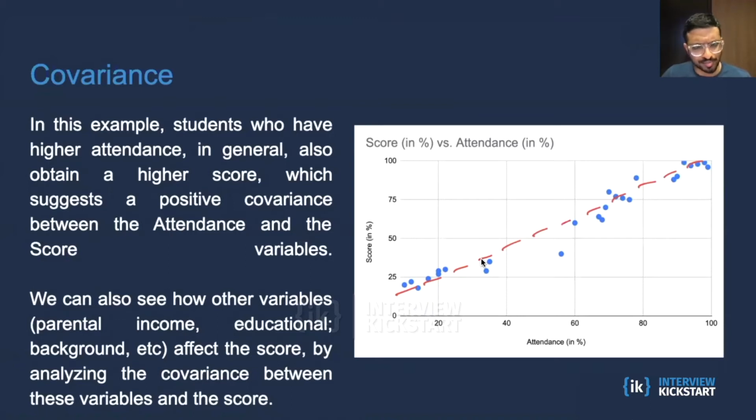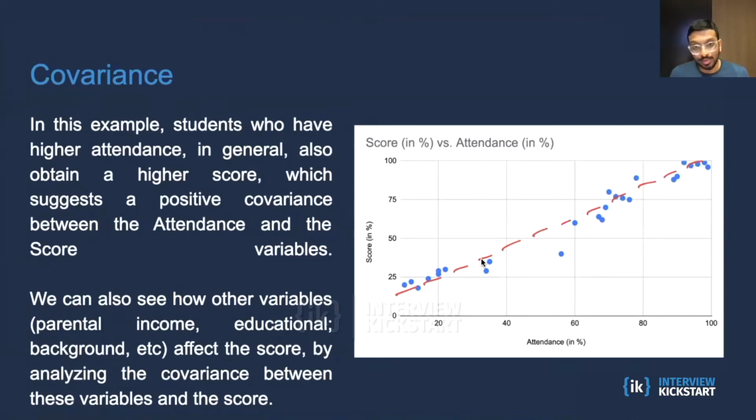Now, to be clear, this is just one variable among many that could affect the score, right? There are other variables that, empirically, for people who study things like this, they see that other variables such as parental income, education, etc., could potentially affect your performance in class, not just merely your attendance in class.